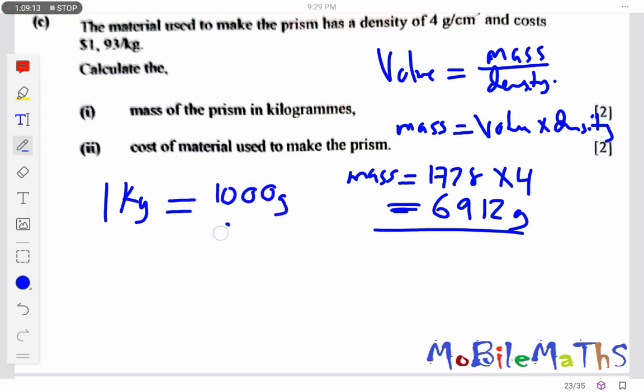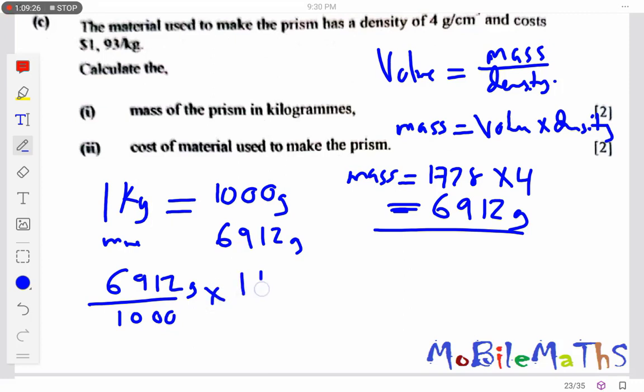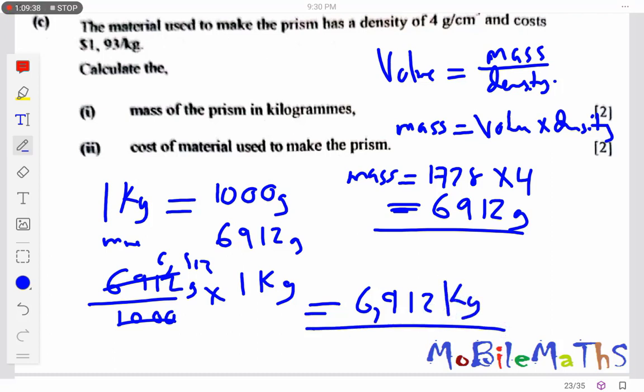So when I have 6912 grams, it means I have more here. So I'm just going to say 6912 grams over 1000 grams times 1 kg. I'll get myself 6.912 kgs. So this is the mass there, guys.